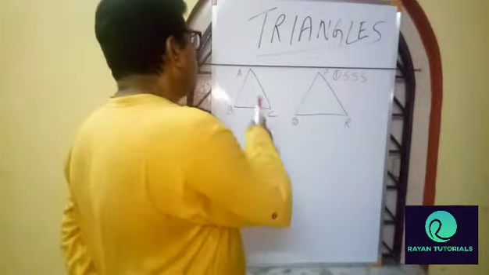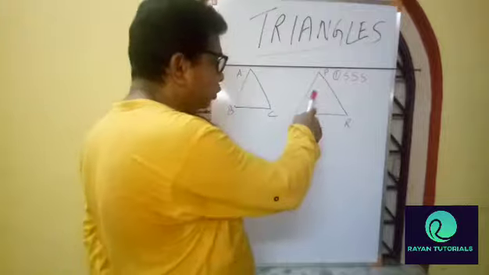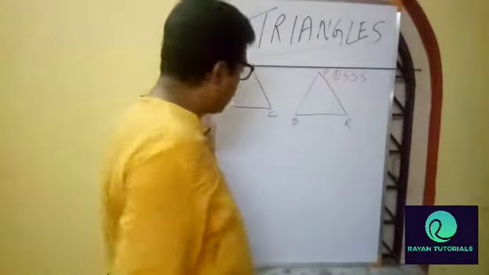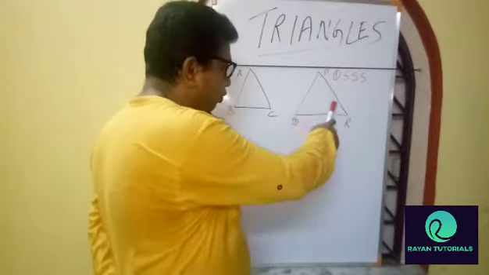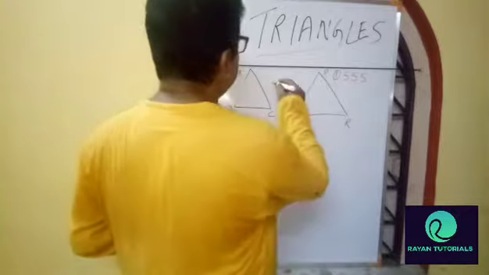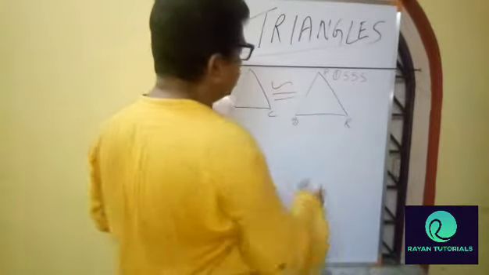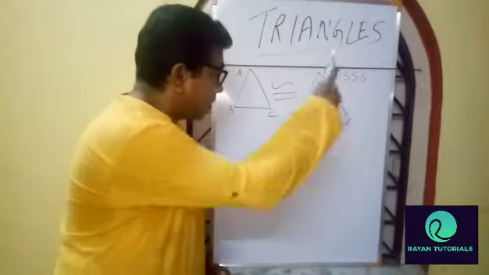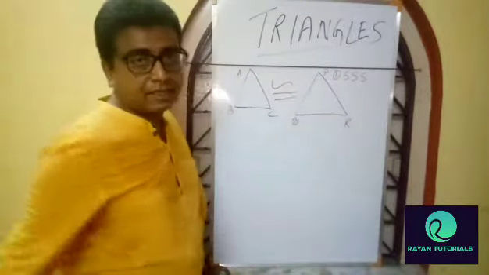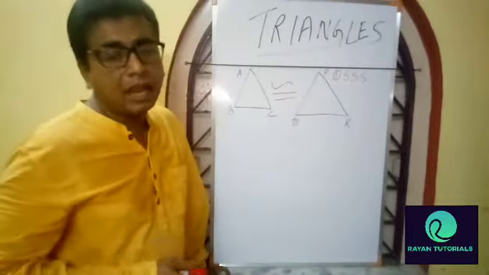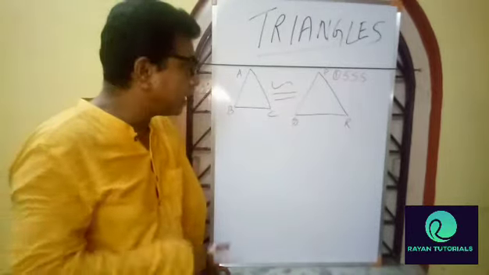So if AB is equal to PQ, BC is equal to QR, and AC is equal to PR, then I can say triangle ABC is congruent to triangle PQR. Bracket SSS means according to the side, side, side axiom. Clear?